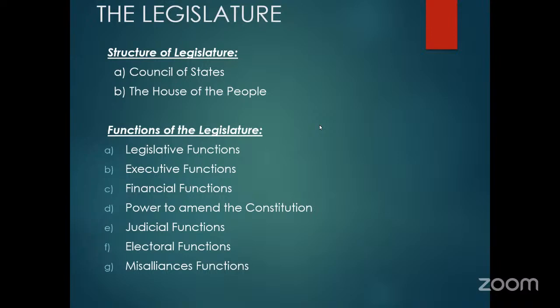For implementing GST, half of the state legislatures approved it. This is related to the power to amend the constitution, which relates to Article 368. These are of three types: simple majority, special majority, and special majority with the consent of half of the state legislatures. Just keep these points in mind.